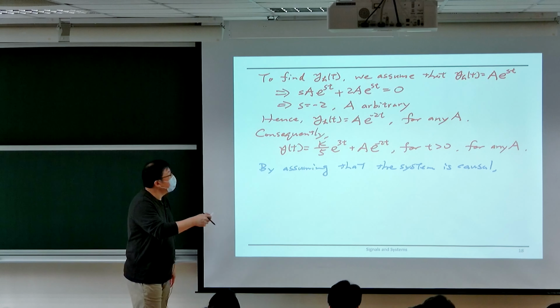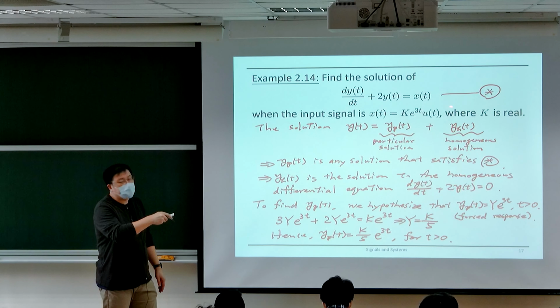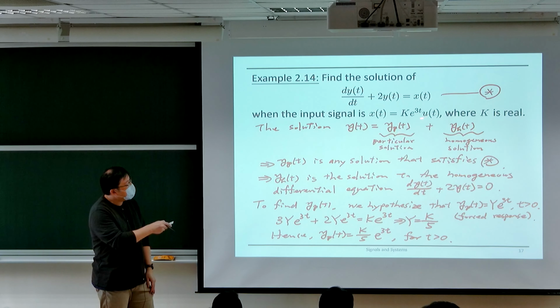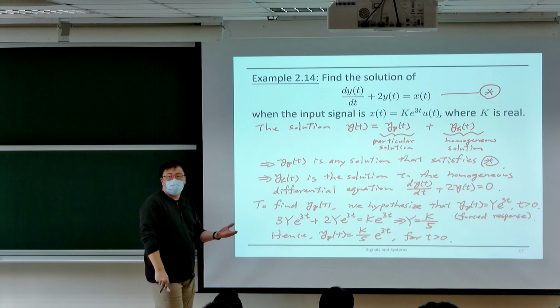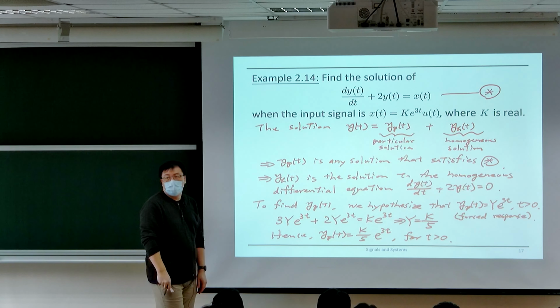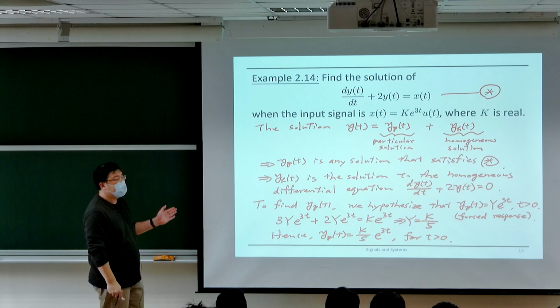Now, in this case, our signal arrives at time 0. Our signal is 0 for all t that is less than 0. So this means that our first signal arrives at time 0. So if the system is causal, the output of the system must also be 0 for t less than 0.